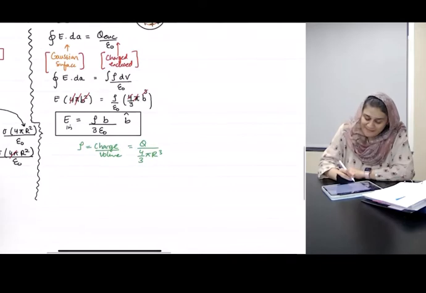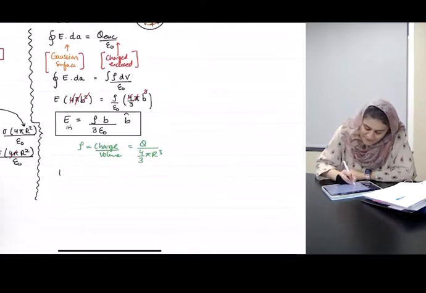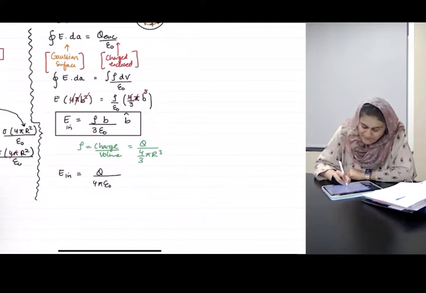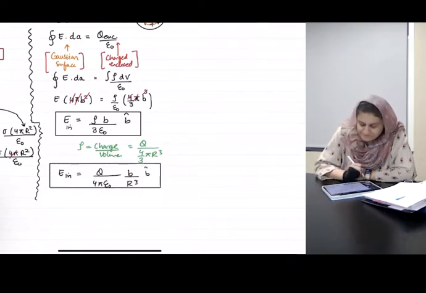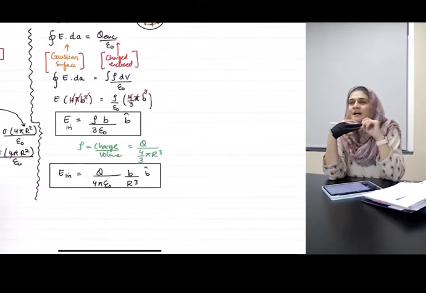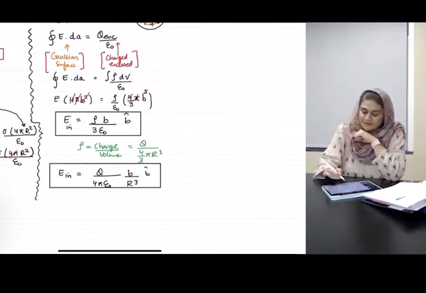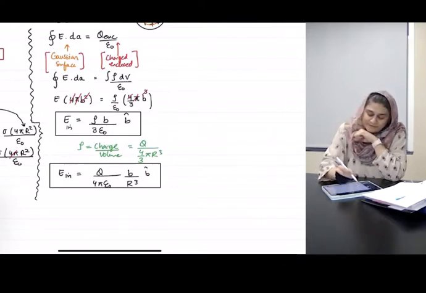So if I plug that into the above equation, I can in fact write this as Q divided by 4 pi epsilon naught, but in this case, it'll be B divided by r cubed, but still B hat. Does everybody understand how we got that, right? Yeah, it's just literally plugging this in here.